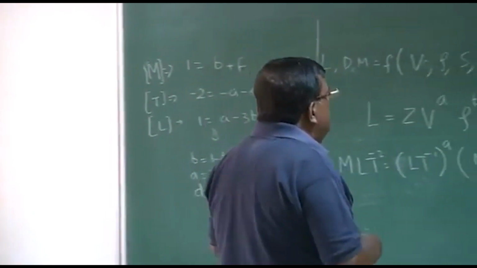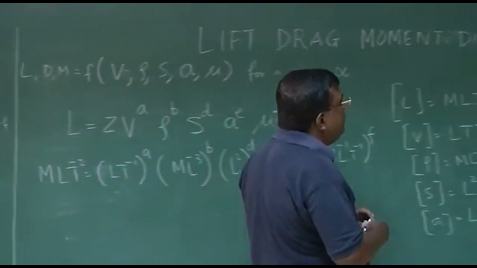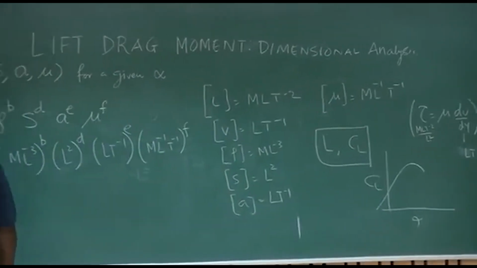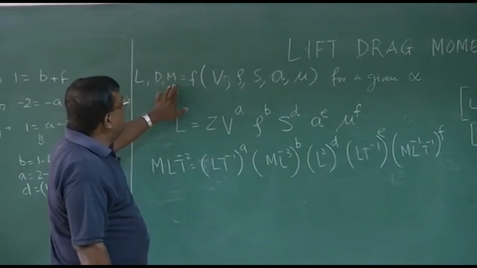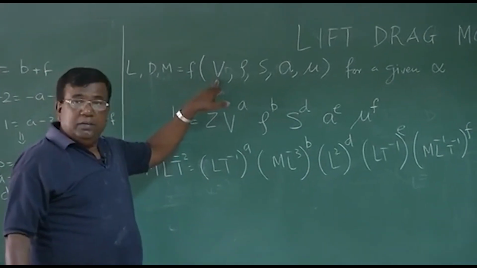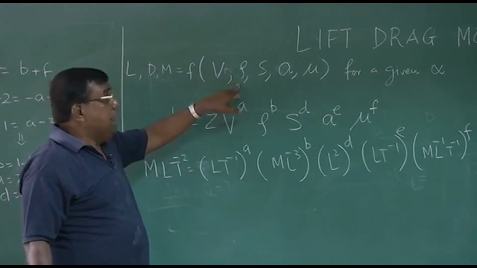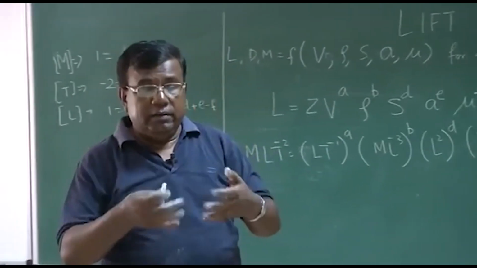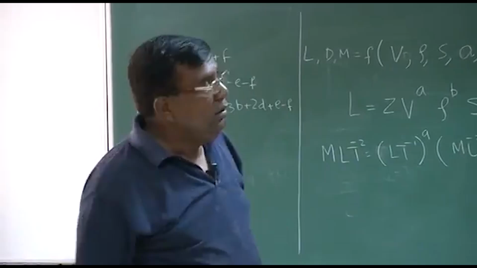As I told you, we will be talking in terms of dimensional analysis. So first is this lift, drag and moment. We know that it will be a function of velocity or speed, definitely with dynamic pressure, density. If the density is more, this resistance interaction will be more.